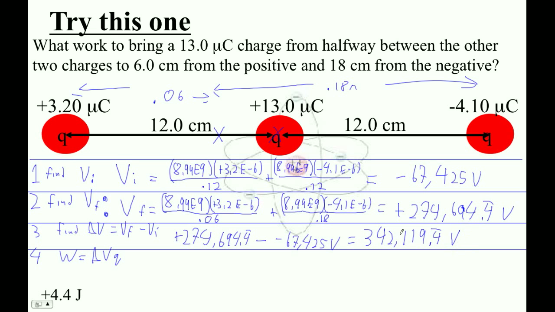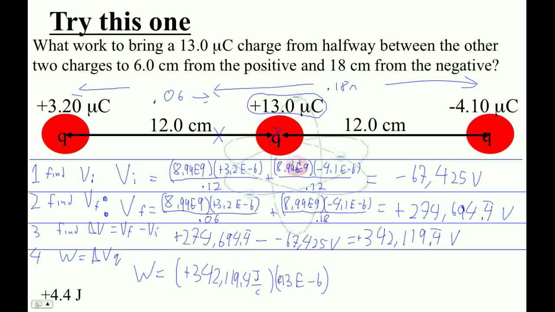So that is our change in voltage, and we should expect that, right? We moved it from here to here, to a place where it's higher positive potential, right? And then our work is simply change in voltage times the moved charge, and now we use this number. Haven't used it yet, now we use it, right? So work is change in voltage, so plus 342,119.4, that's joules per coulomb, right, times, we are moving 13 microcoulombs, so 13E minus 6.